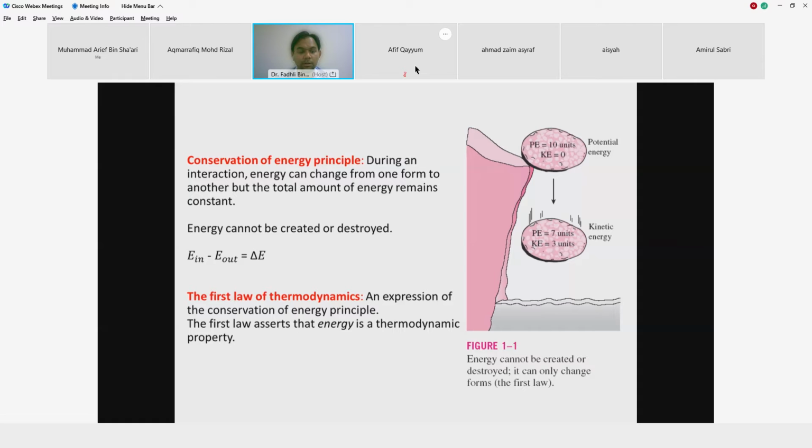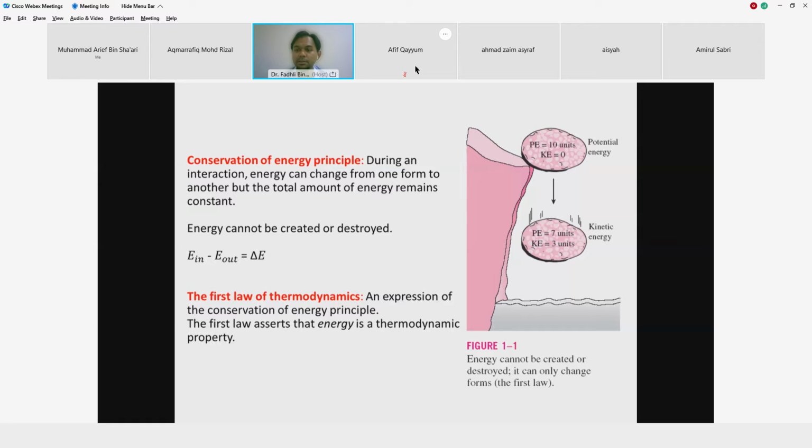If you look at the last sentence, the total amount of energy remains constant, or in other words, it is conserved. Kita simpan. Okay, dia tak hilang. Energi tersebut tidak hilang. Dia akan tersimpan dalam bentuk yang lain.